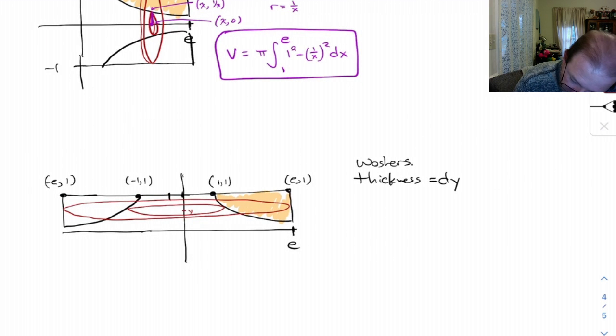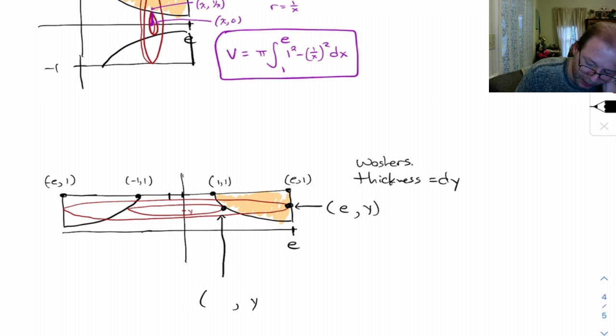So let's look at this. This point here, its y-coordinate is y, and its x-coordinate is e, because it's on that line. Now this point right here, its y-coordinate is also y, but to come up with what the x-coordinate is, we've got to solve this for x.